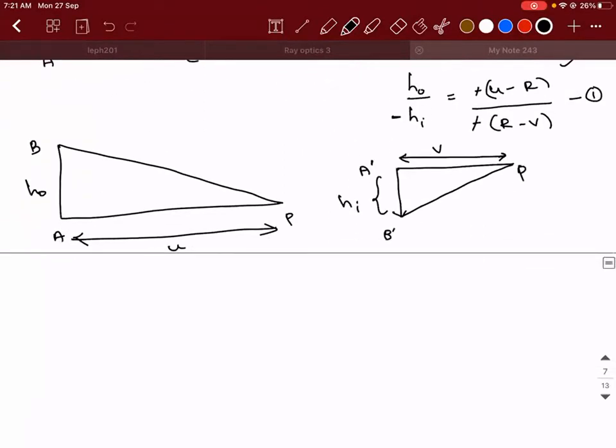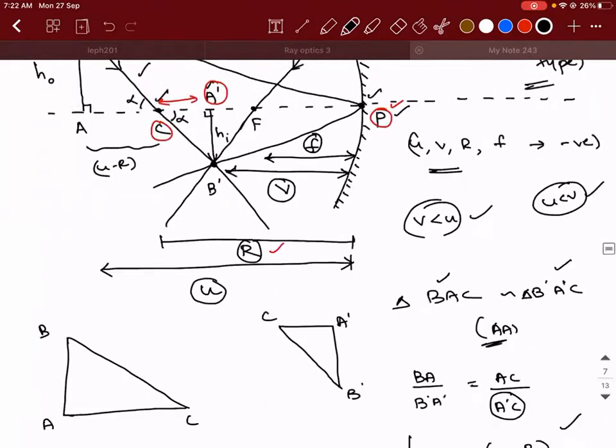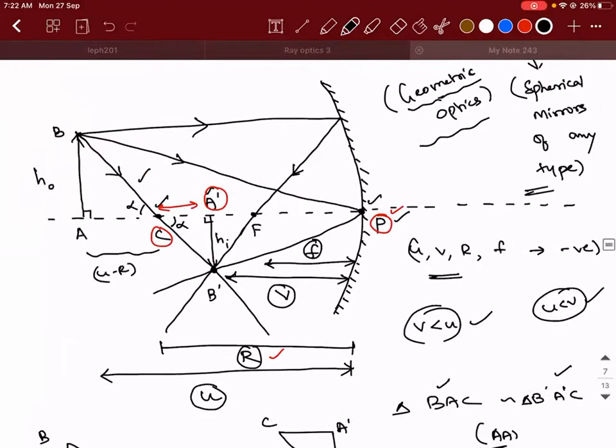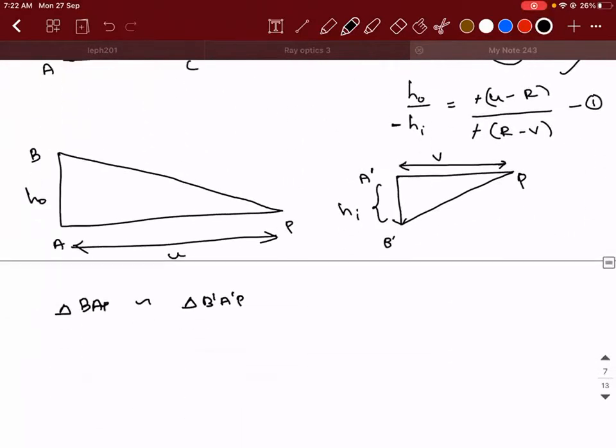So can I say triangle BAP is also similar to triangle B dash A dash P? The reason is very simple again. Angle A is 90 degrees in both the cases. If this angle is theta, this angle is also theta according to the laws of reflection. So according to the same AA criteria, these two are again similar.